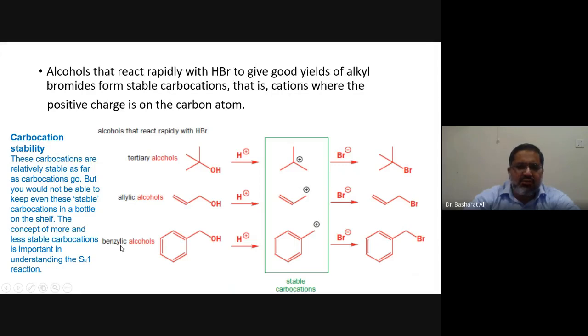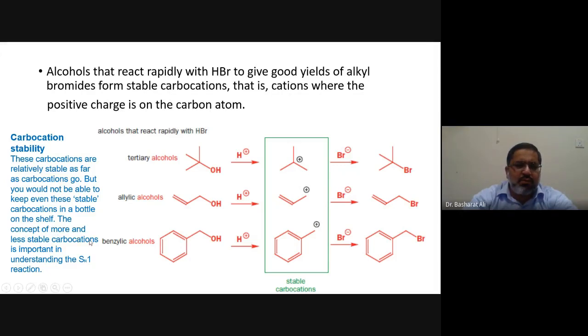In the case of benzylic alcohol, the same reaction occurs and we observe that OH is replaced by Br. These carbocations are relatively stable as far as carbocations go. But you would not be able to keep even these stable carbocations in a bottle on the shelf.